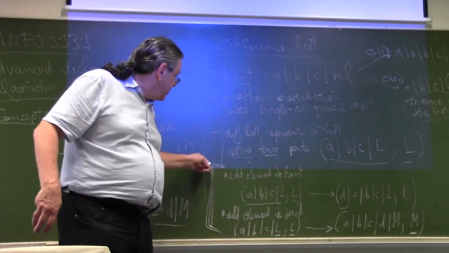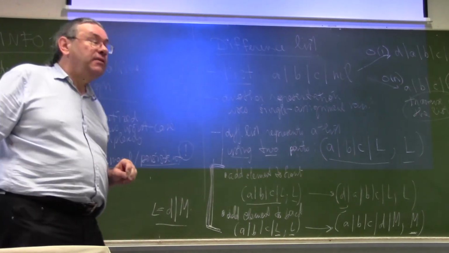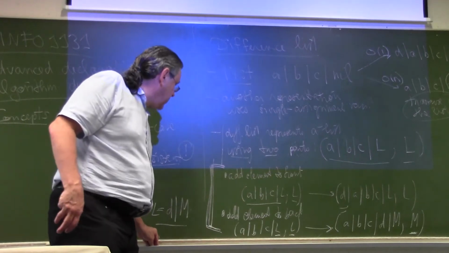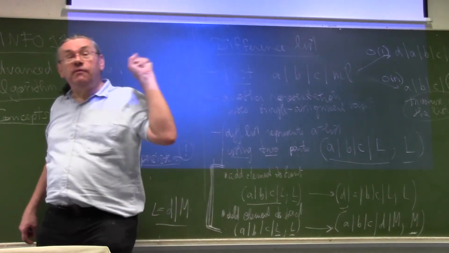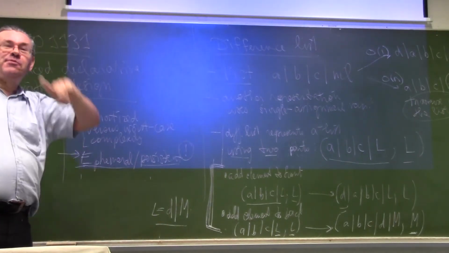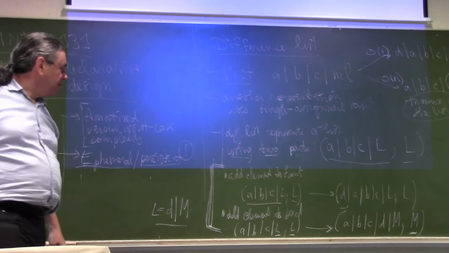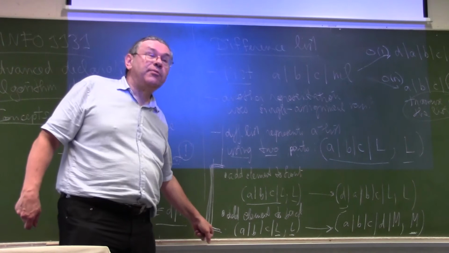So with this representation, we can add an element to the back in constant time. And with this idea, we can now build a worst case constant time ephemeral queue. Okay? You see the idea here, how it's working?